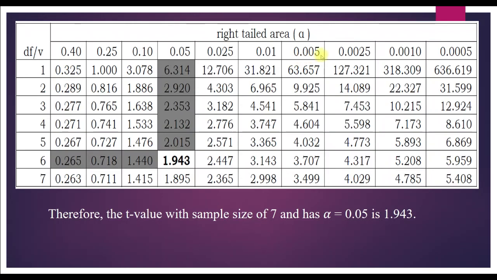Be careful kasi dito merong 0.005 and then 0.005. Hanapin na natin yung binigay na area which is 0.05 and then find the intersection of 6 and 0.05. So ito siya, 1.943. So therefore, the t-value with sample size of 7 and has an area of 0.05 is 1.943.